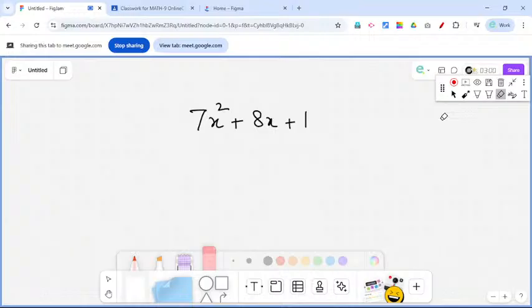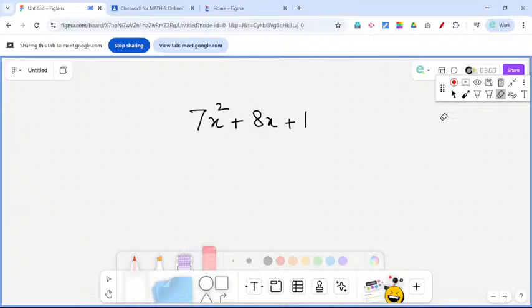So what did we learn? By the splitting method, splitting the middle term, I can split it into 2 parts. And in the method, let me write it in the standard form.